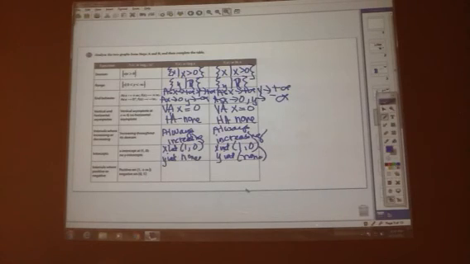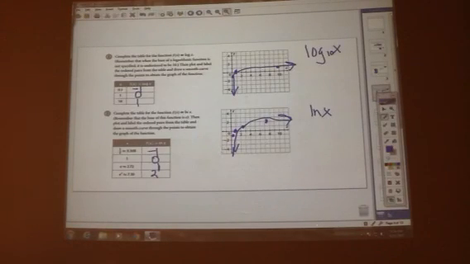Now remember, positive means above the x-axis and negative means below the x-axis. And we're talking about the x values. So where is this graph below the x-axis? It's below the x-axis between 0 and 1.